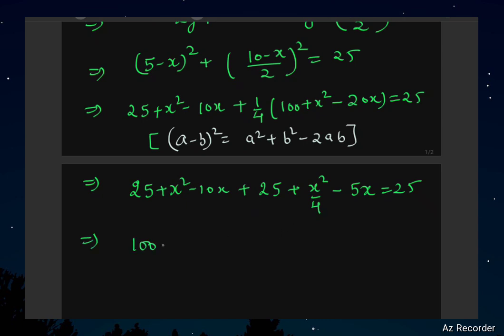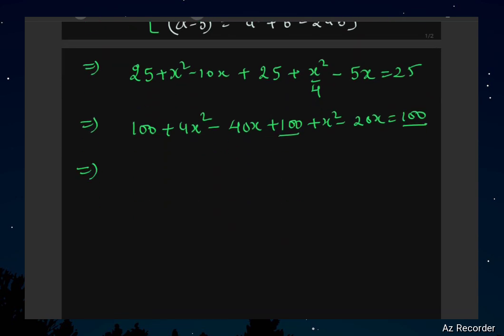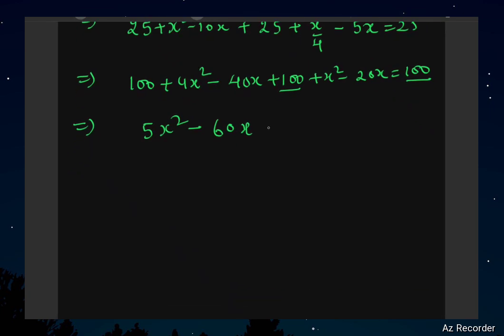We get 100 plus 4x square minus 40x plus 100 plus x square minus 20x equals 100. This 100 cancels out the other 100, and rearranging, 4x square plus x square is 5x square, and minus 40x minus 20x is minus 60x, leaving plus 100 equals 0. Now divide both sides by 5, so we get x square minus 12x plus 20 equals 0.